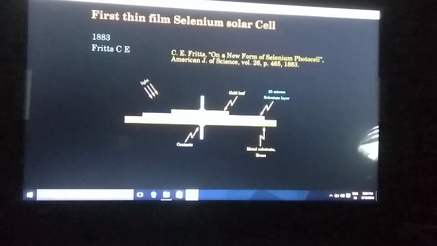And when light was made to fall on the selenium through the semi-transparent metal, there was electric current that flowed through the contacts and the external circuit.